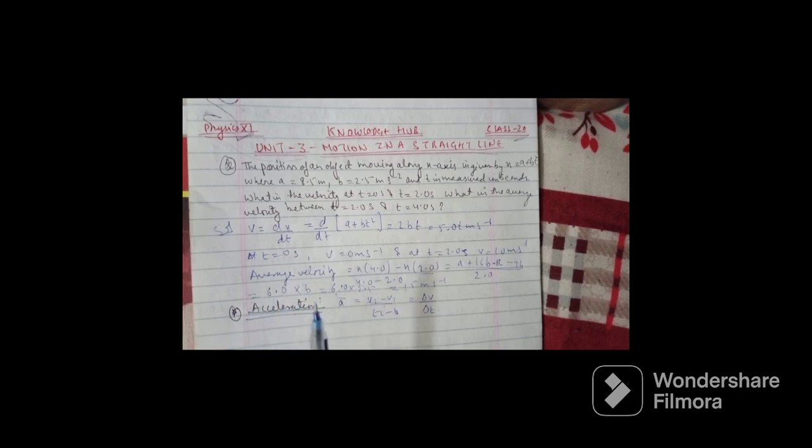It is the average change of velocity per unit time, where the SI unit of acceleration is meter per second squared, or m s inverse square. On a plot of velocity versus time, the average acceleration is the slope of the straight line connecting the two points corresponding to v2, t2 and v1, t1.